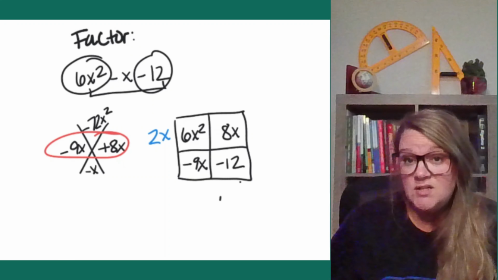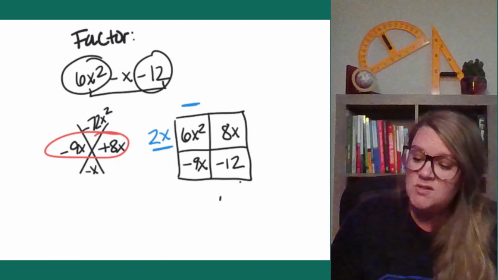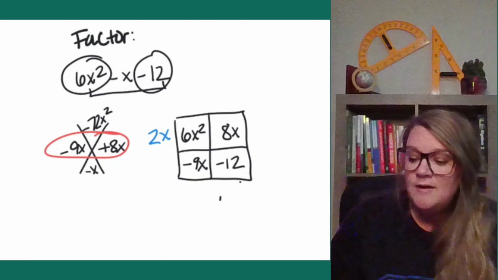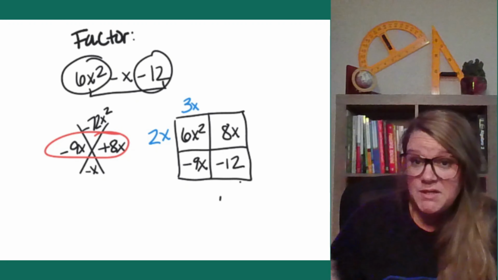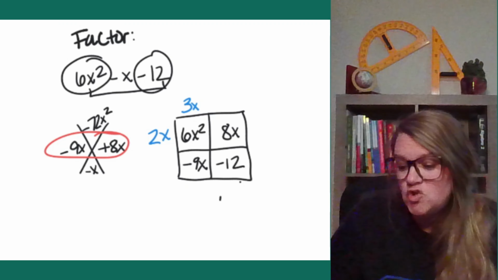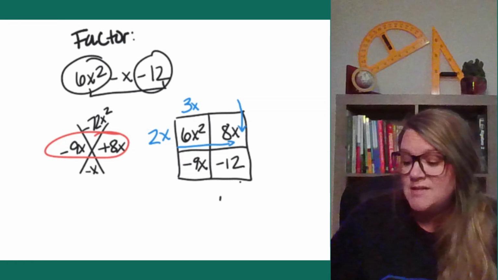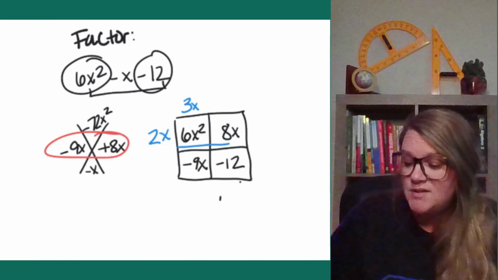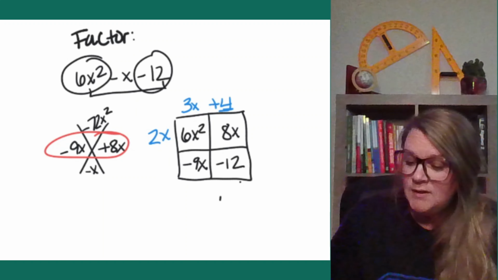Now the rest of it is just thinking about multiplication. So remember I just said this one times this one has to give me 6x squared. That means that this needs to be 3x out here. And I'm going to continue the same thought process. 2x times this top one has to give me 8x. That means that there has to be a positive 4 on the top, because 4 times 2x will give me that 8x.